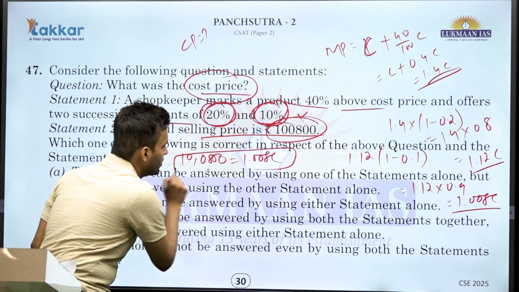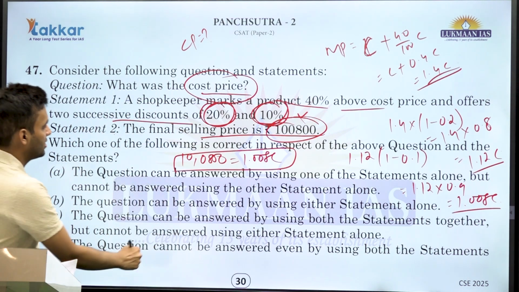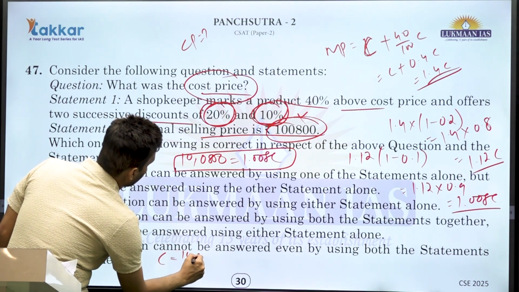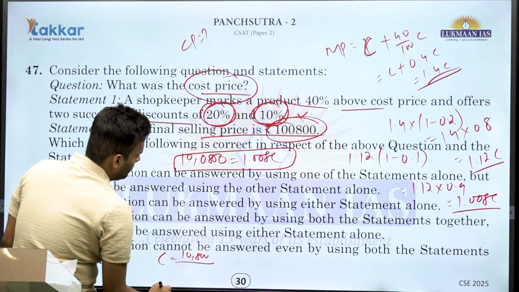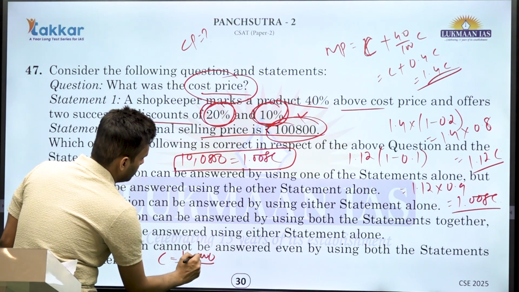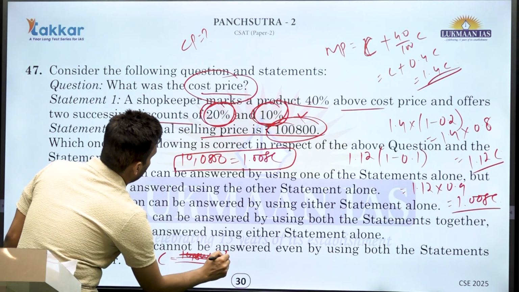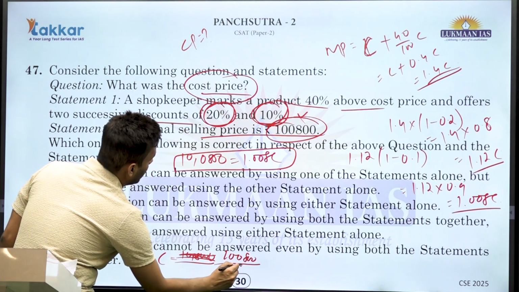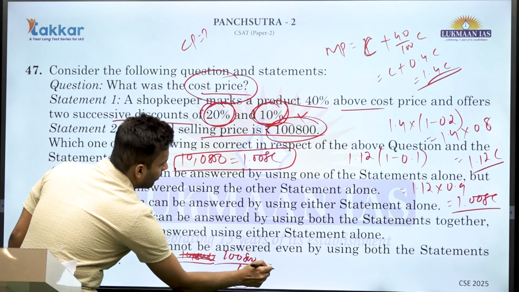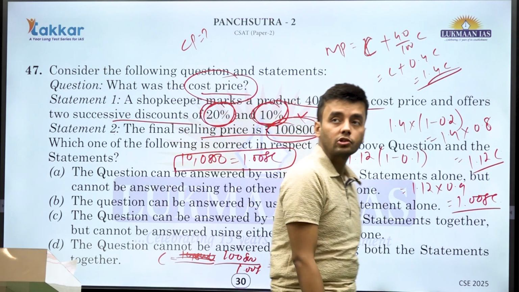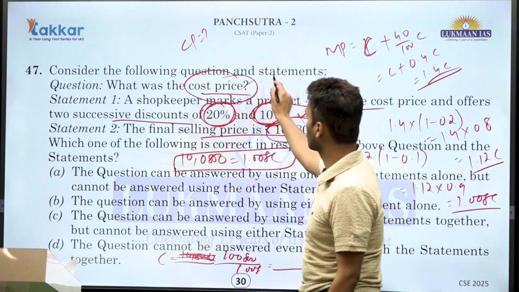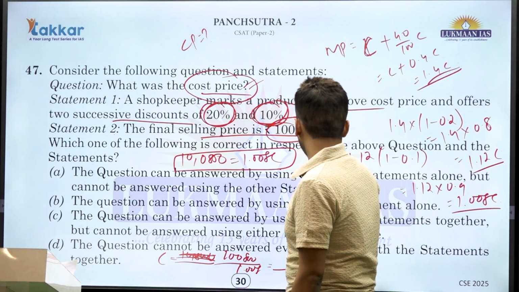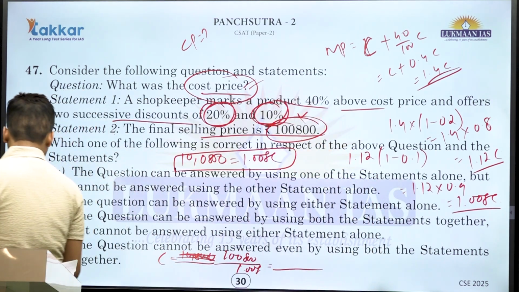Through this equation. Now C will be 1,08,000 divided by 1.008. Whatever value we get will be the cost price. So we finally got the cost price. We required both the statements, so C will be the correct answer.